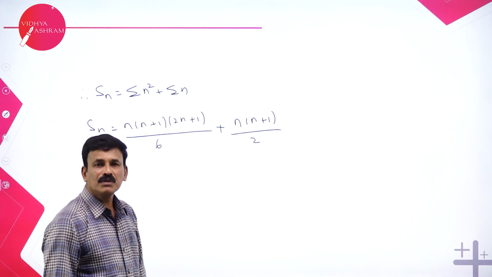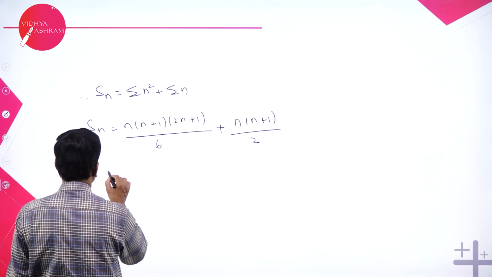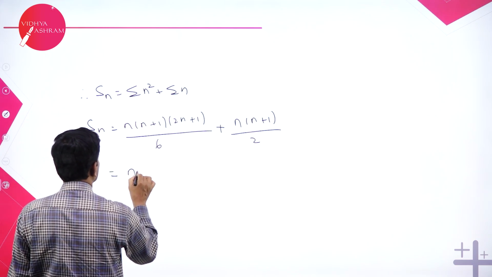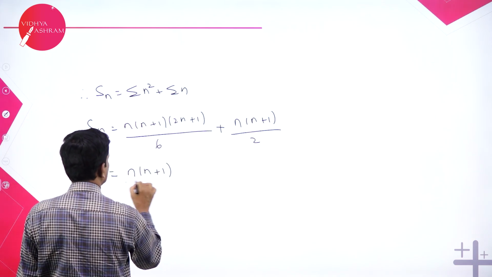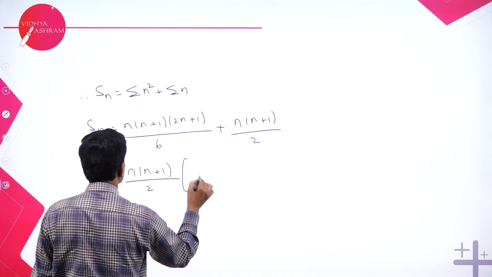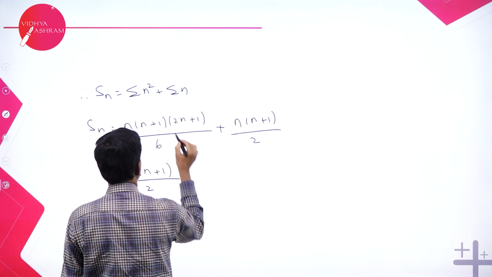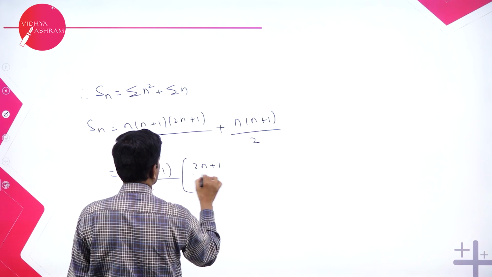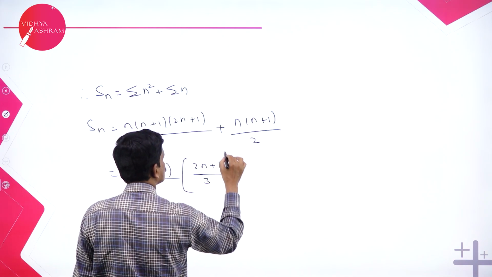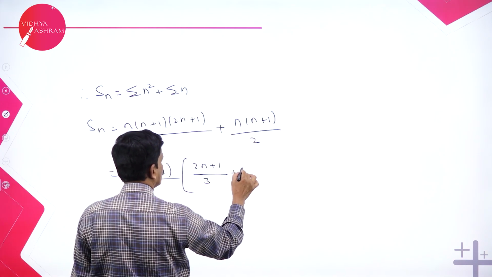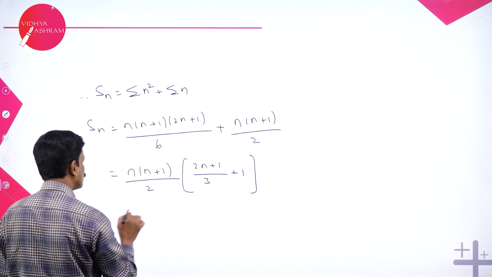Now, you can take the common factor and simplify. What is the common factor? Here the common factor is n into n plus 1 divided by 2. So what is left over is 2n plus 1 divided by 3 plus, from the second term, n into n plus 1 divided by 2 is taken out, so what is left over is 1.